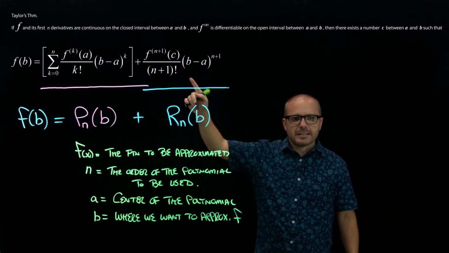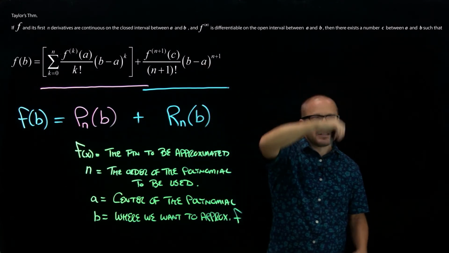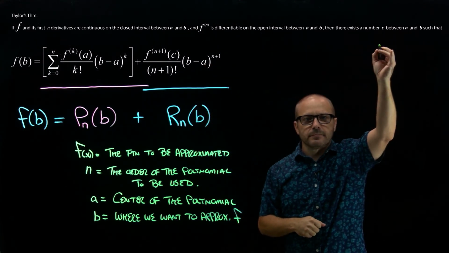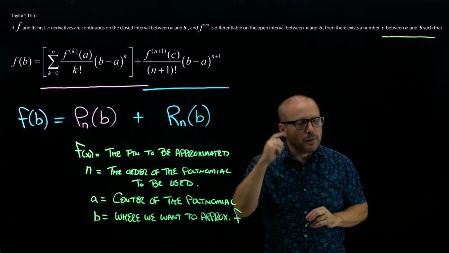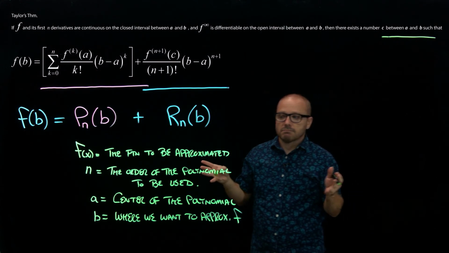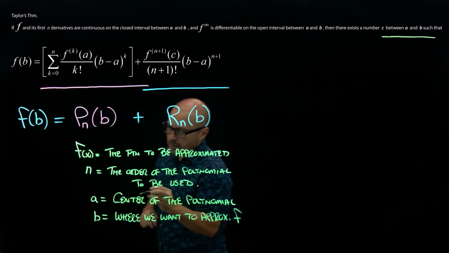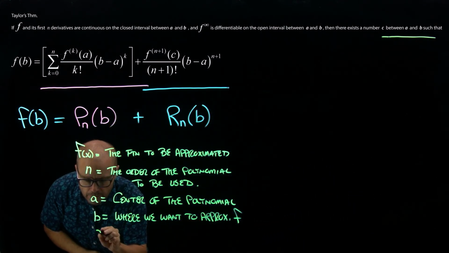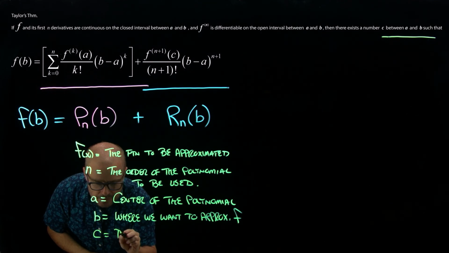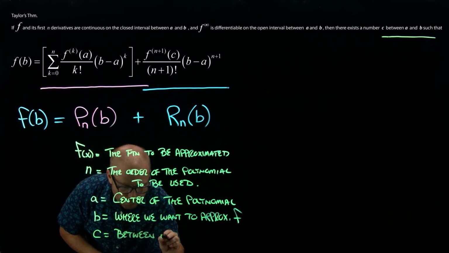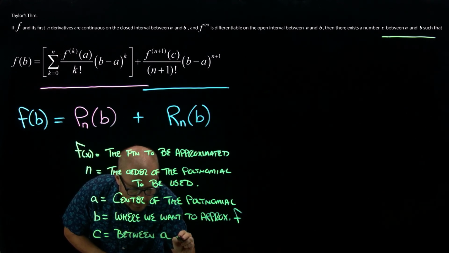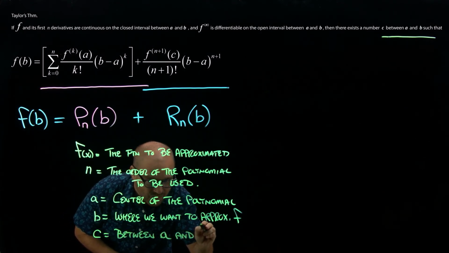If we look at the details, the statement says that there's a number c there between a and b. That's all we know. So c is unknown. All we know about c is it's somewhere between a and b.